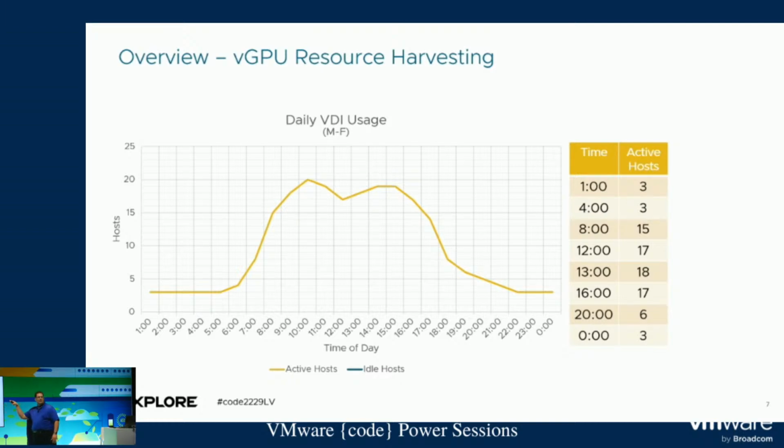We have a little bit of a dip at lunch, and then everything tapers off about 1900 when everybody goes home. That means you have about 10, 12 hours where your GPUs aren't doing anything on those machines. So the question then becomes, why leave those GPUs idle?